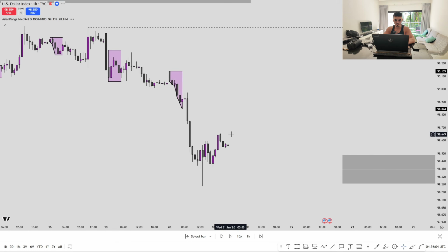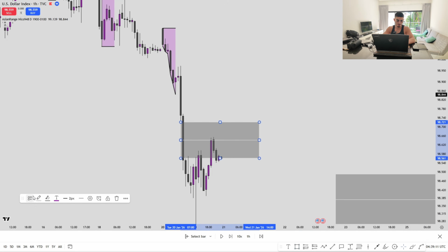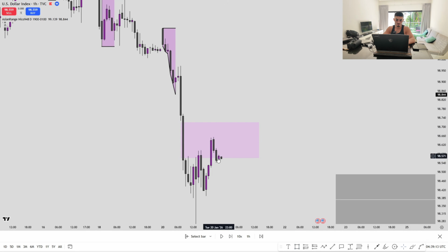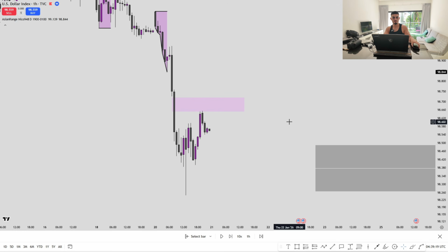And it was an hourly, I believe, fair value gap. Just right here, right? So this was the original fair value gap, okay? Then price had come up, filled most of it, but it still had left this remaining fair value gap. So what I said to my community, and I'll show you proof of this in the Discord, just give me 1 second.